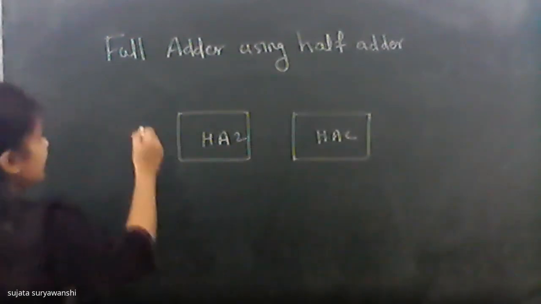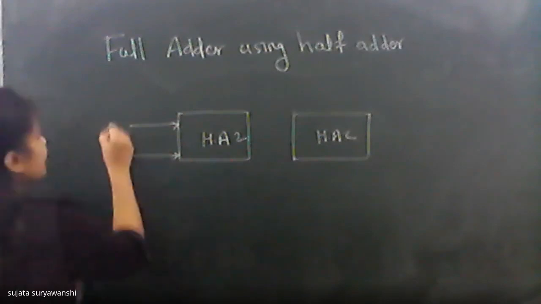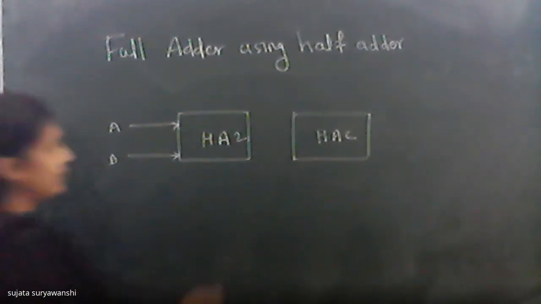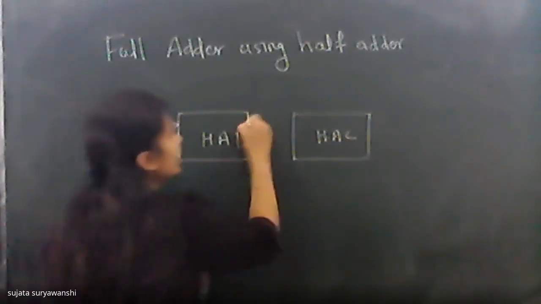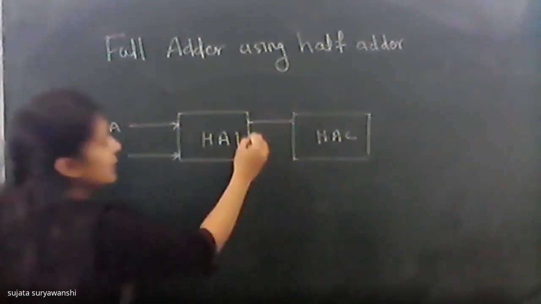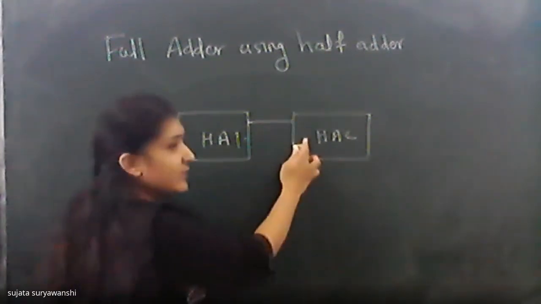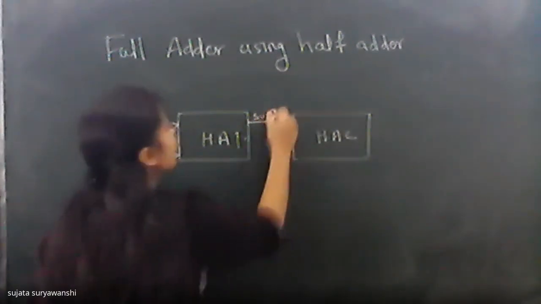Half adder has only two inputs, suppose A and B. One of the outputs of half adder one, that is sum, is given as input to the second half adder.